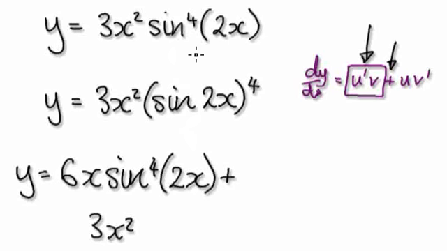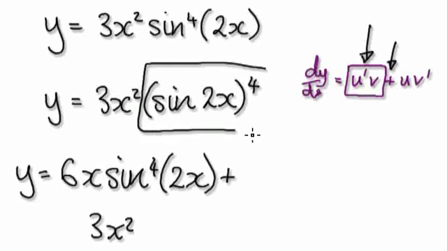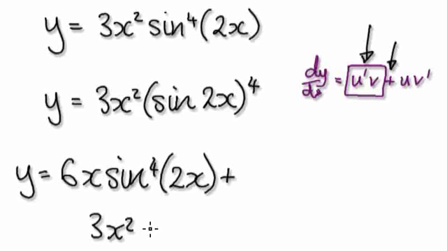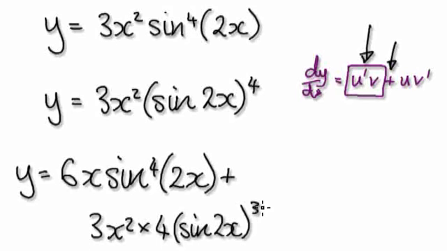The v is the hard part. So differentiating the v, remember, visualize this in your mind. It will be times 4, sine 2x to the power of 3, and then times, differentiating the sine, cos 2x, and then looking at this bit, that would be just 2 times 2.